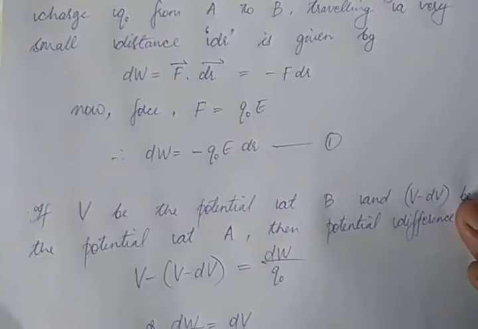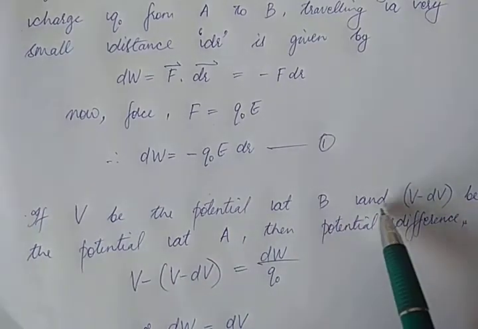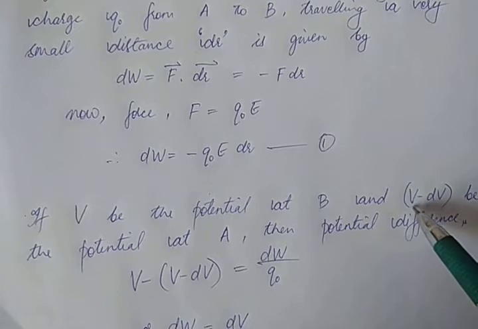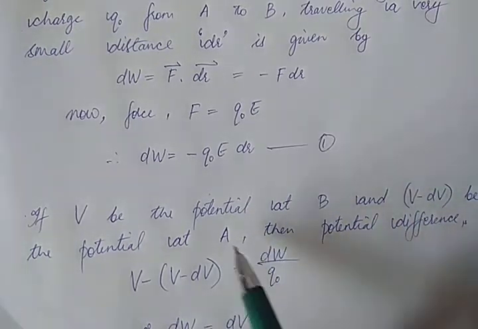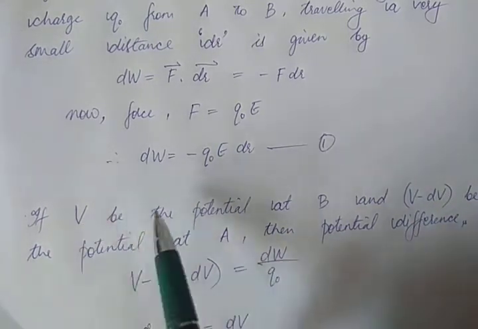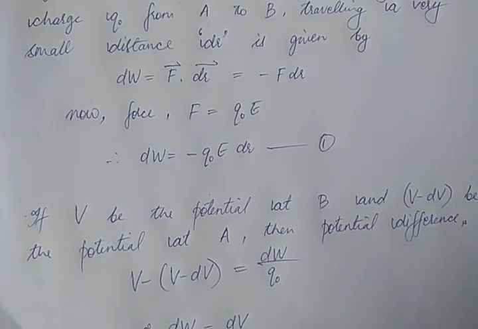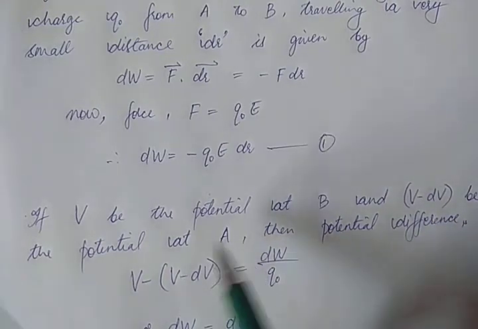So we consider V to be the potential at point B and a lesser potential, V minus dV, at A. So the potential at A is lesser than the potential at B by this small value dV.